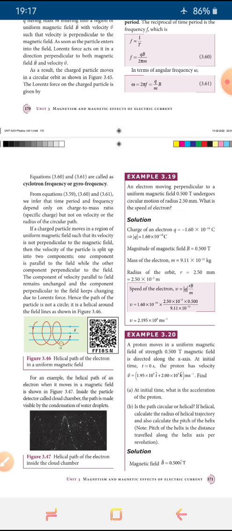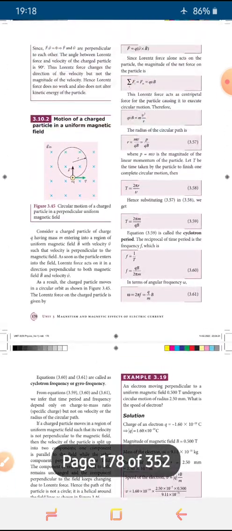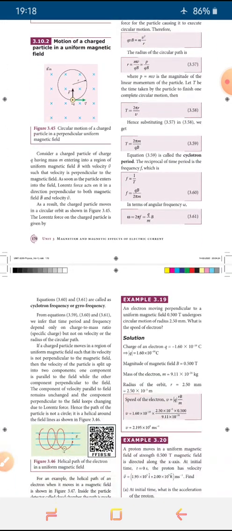It keeps changing, so the path is helical, explained with the cloud chamber in figure 3.47. Hope you understood this explanation for motion of a charged particle in a uniform magnetic field.